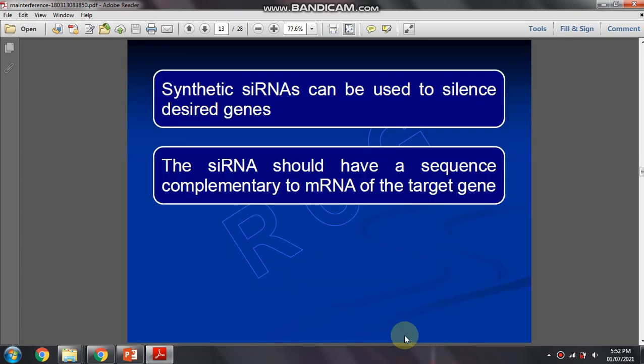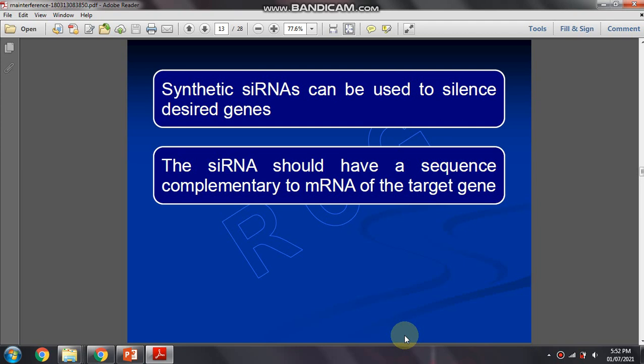Synthetic siRNAs can be used to silence desired genes. This is used for various therapies. For example, if a person has a particular disease and a protein is overexpressed in that disease, the mRNAs encoding that diseased protein are targeted with these siRNAs.